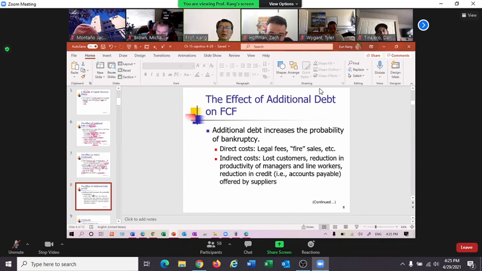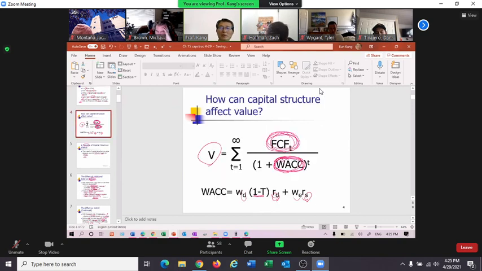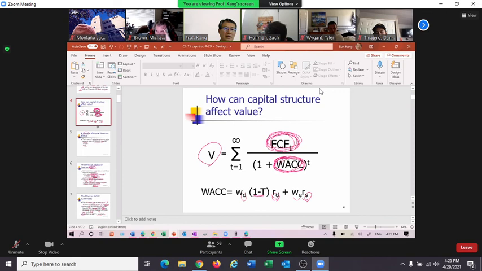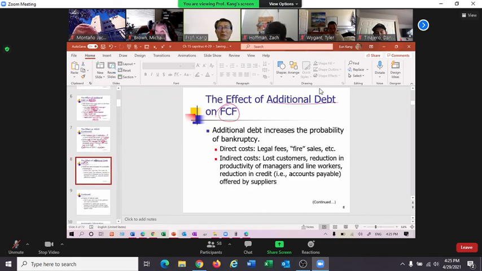How about now, secondly, the effect of additional debt on free cash flow? So now we are talking about the numerator, free cash flow. We talked about the effect of debt on WACC so far, and now the effect of additional debt on free cash flow.